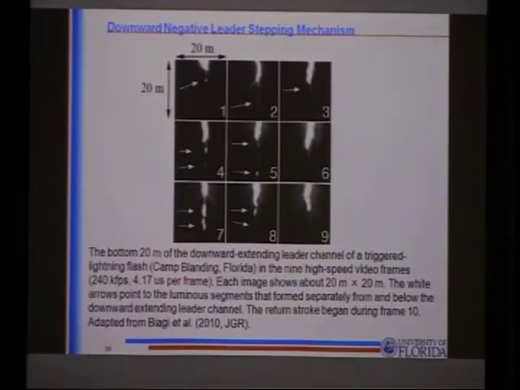In high-speed video camera records, this is a pretty good framing rate, 4 microseconds between frames. And it's still not fast enough to see the step formation process. It takes maybe a microsecond or less. Here, 4 microseconds, so each frame shown here probably includes multiple steps.